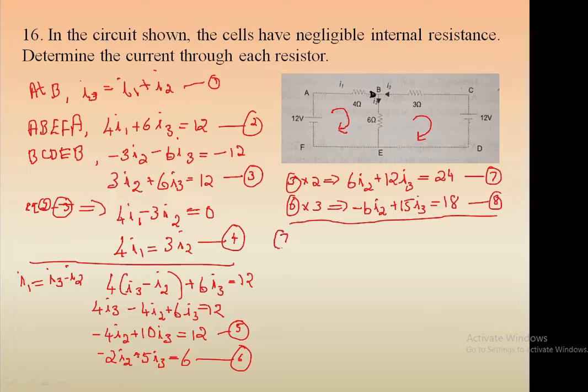So 27I3 equals 24 plus 18, that is 42. From that, I3 is equal to 42 by 27.